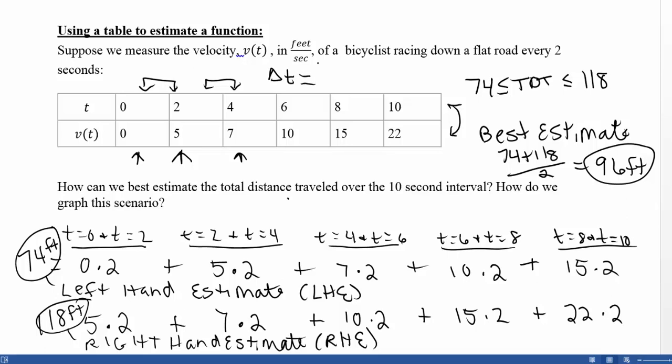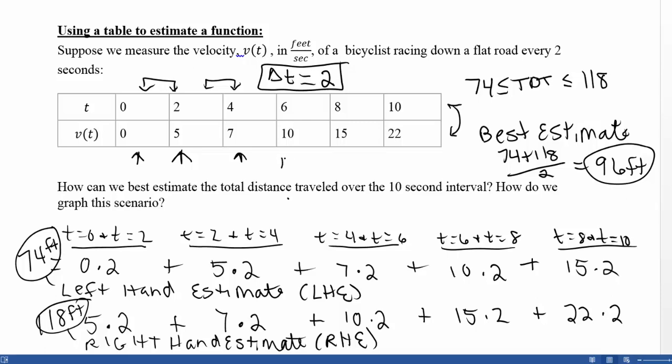So in this problem, my delta t is 2. Your delta t, or sometimes delta x if you're using the variable x, is going to be the interval size that you're using, or what you're counting by in terms of the independent variable. So delta t here is 2 because I'm counting by 2's: 0, 2, 4, 6, 8, 10.